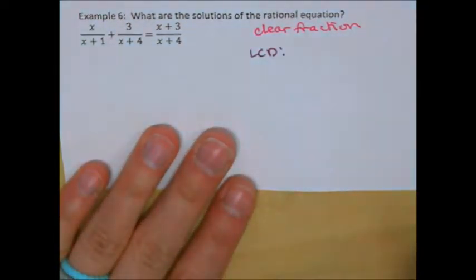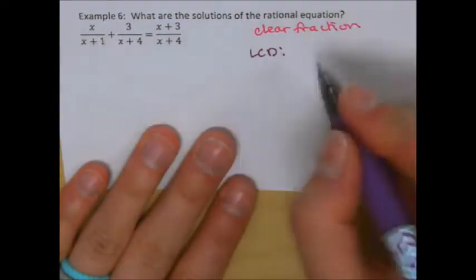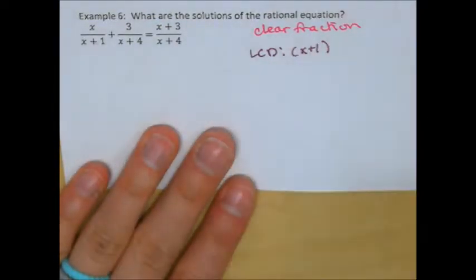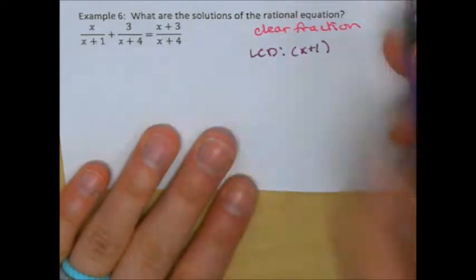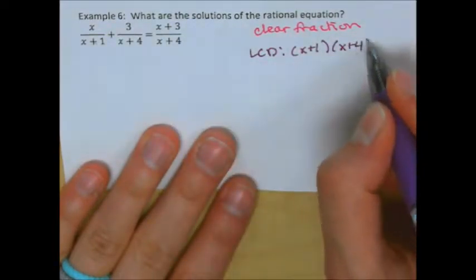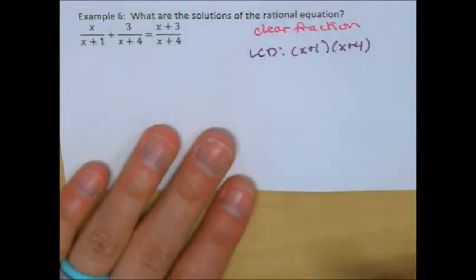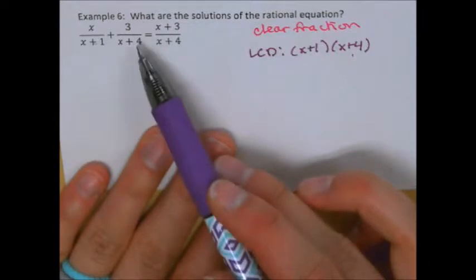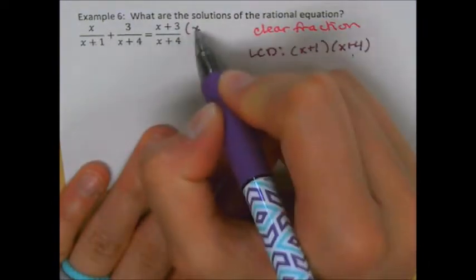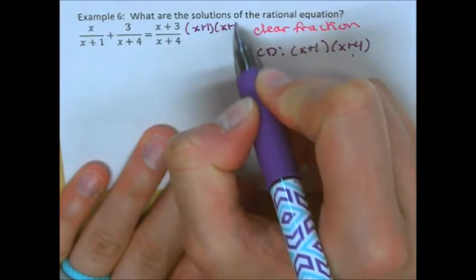So for our least common denominator, it looks like I have a denominator of x plus 1. And then I have a denominator of x plus 4. And then I don't have to rewrite that one again. So I'm going to multiply every single fraction by x plus 1 times x plus 4.